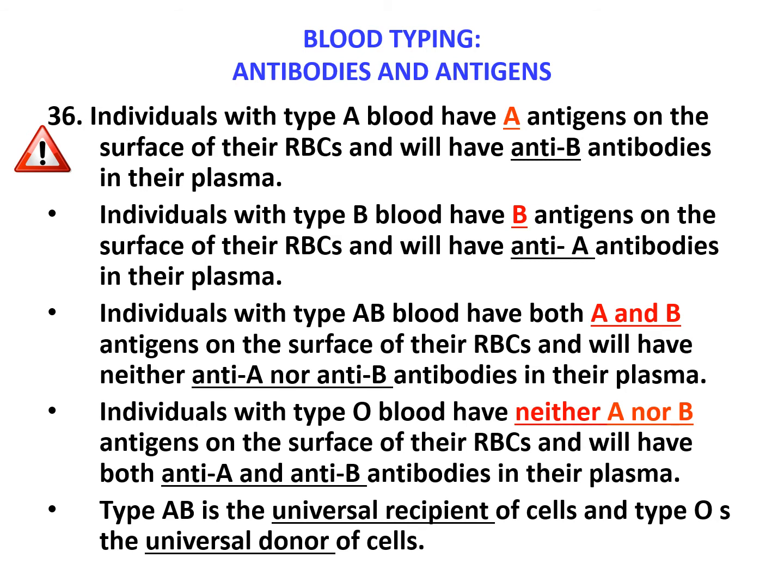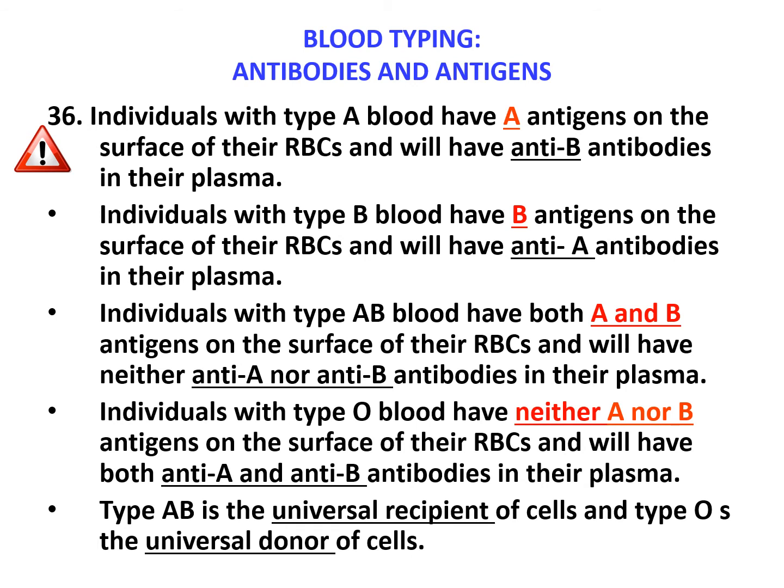Because if you had either anti-A or anti-B in your plasma, it would attack the A or the B on your red blood cells and destroy your red blood cells. So if you have A and B on your red cells, then you have neither anti-A nor anti-B in your plasma, okay?